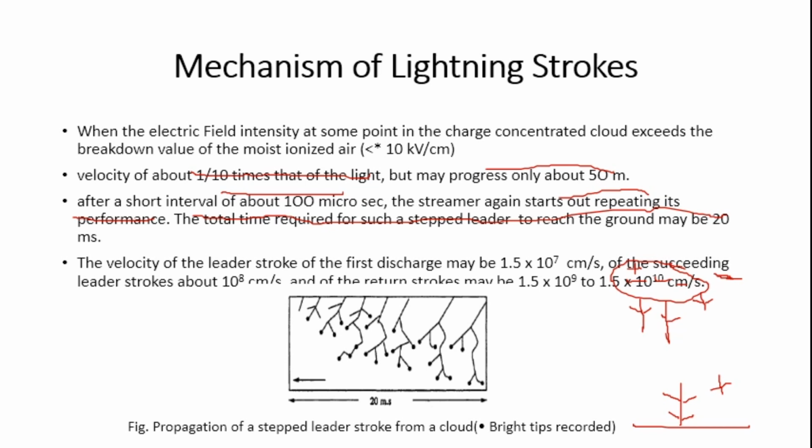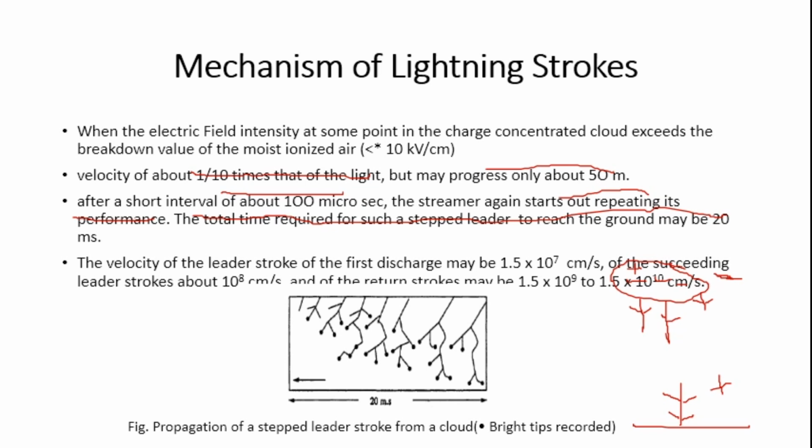This path might be quite lustrous, depending upon the local conditions in the air as well as the electric field gradients. From these branches, an initial ladder may also be formed, and the progress of this ladder happens by a series of jumps, and it is considered a stepped ladder.